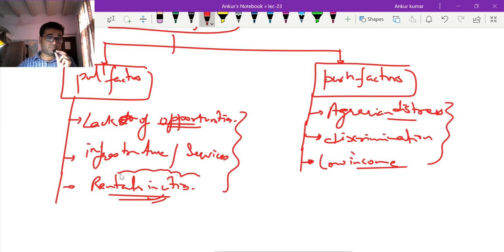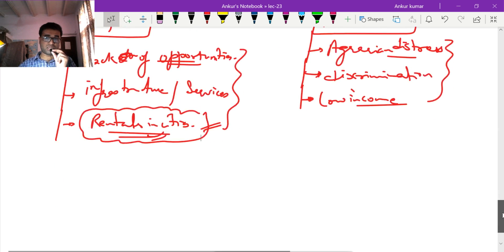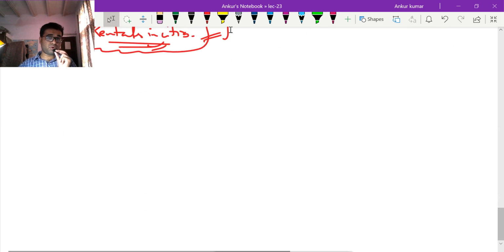So because of the high rentals, people start living in the slums. And all know the problems of living in the slum, whether it is cramped living, poor air quality, crimes, health issues, garbage, and the many diseases that generate in the slums. So these are the main problems.